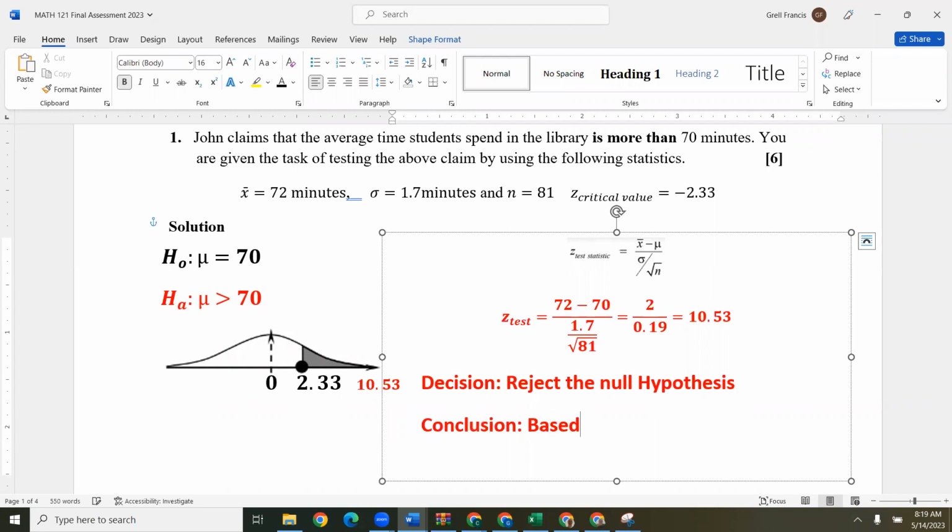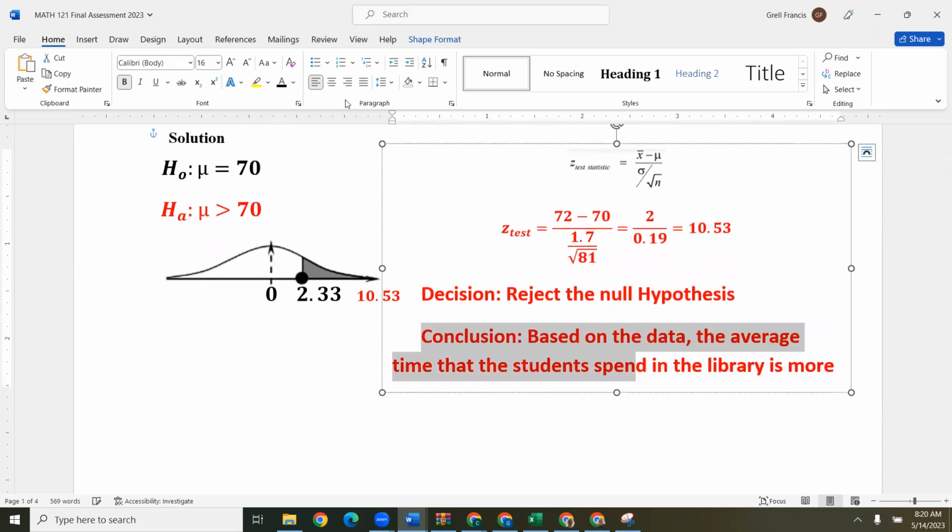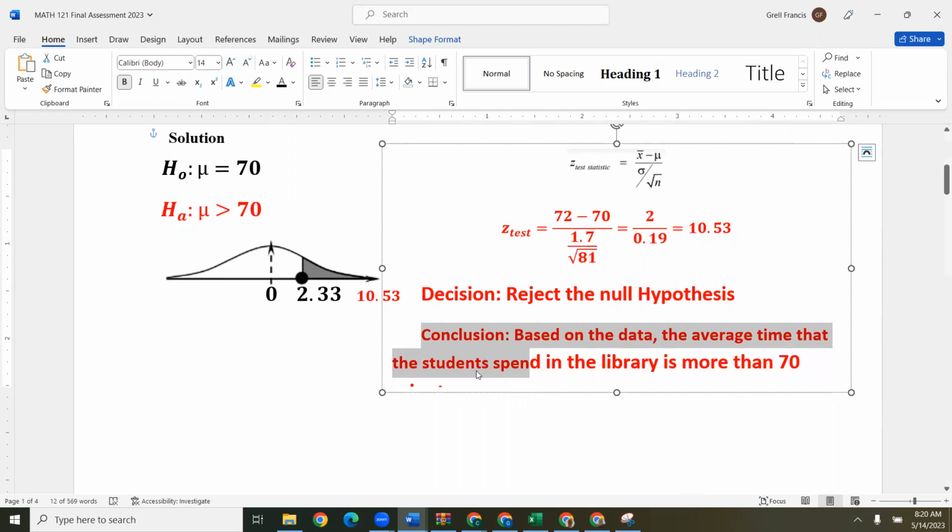So based on the data, the average time that the students spend in the library is more than 70 minutes, which is in accordance with the claim, because that's what the claim is stipulating, that the mean is more than 70 minutes.